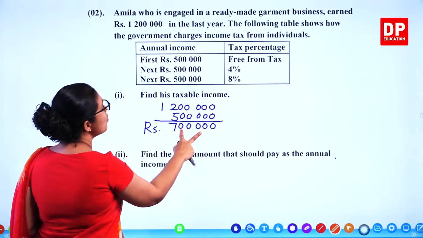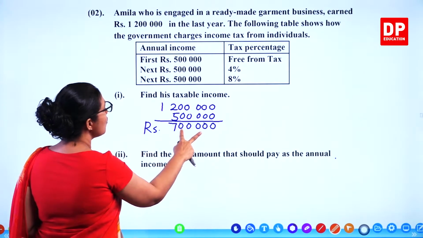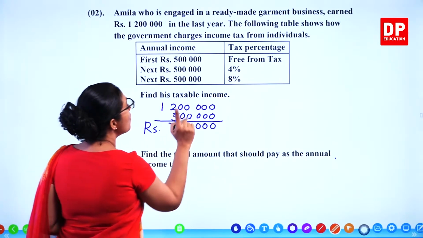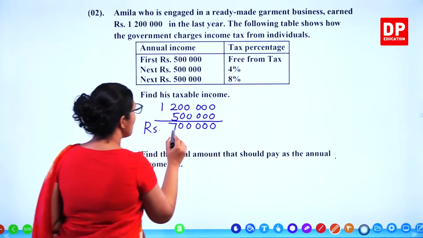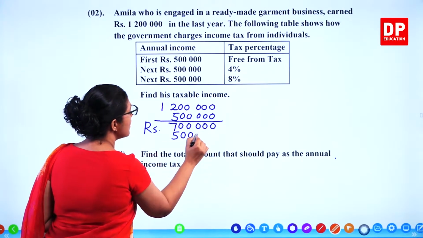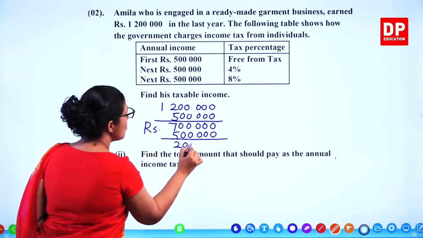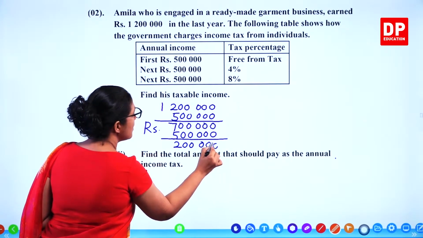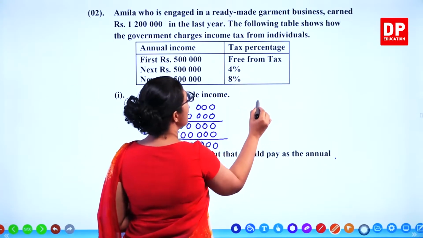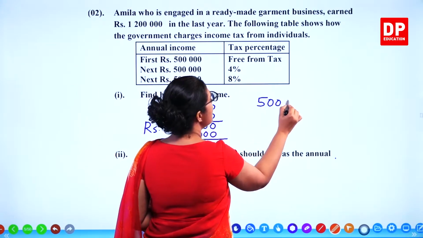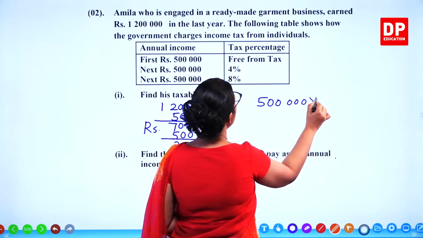So we'll subtract 500,000 and you get 200,000. So first 500,000 free, the next 500,000 4%.